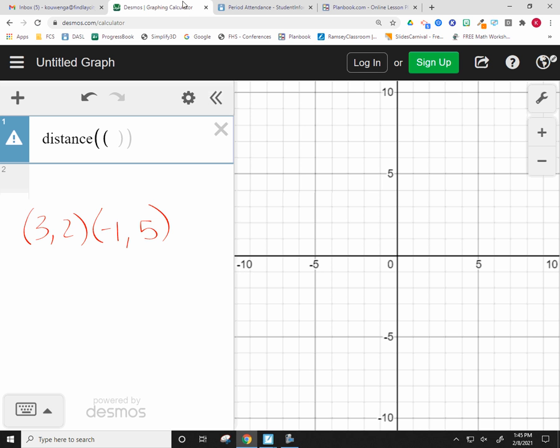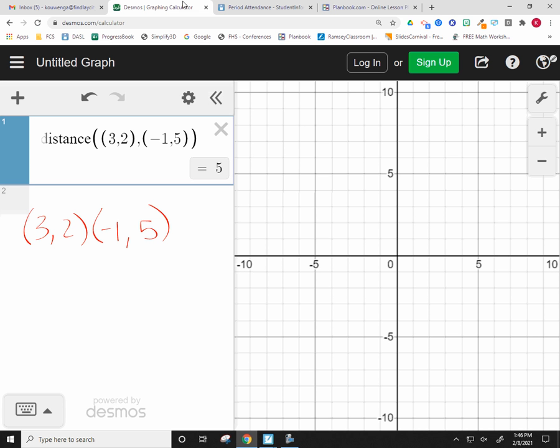So you're going to put (3, 2), close my parenthesis, put a comma, and then the other point, (-1, 5). And you can see, as soon as you start typing in that last coordinate, it starts telling you your distance. This one just happens to be nice, but this one, it'll give you a decimal that's pretty long.